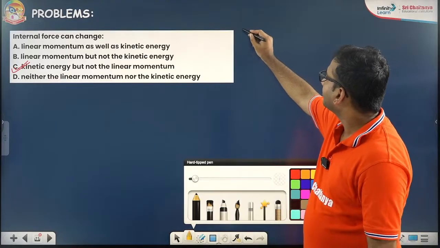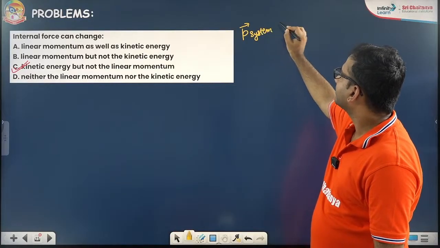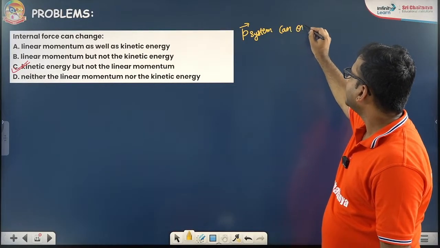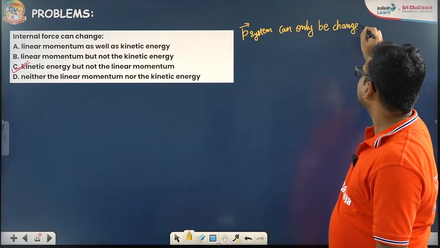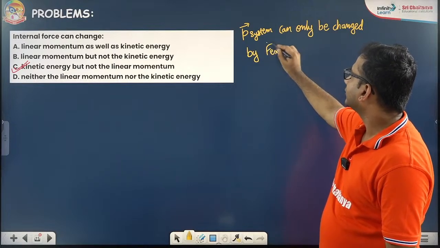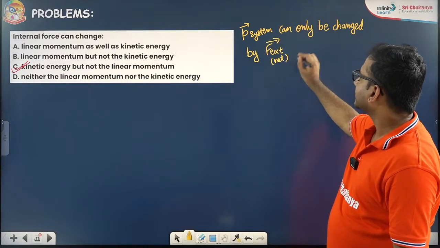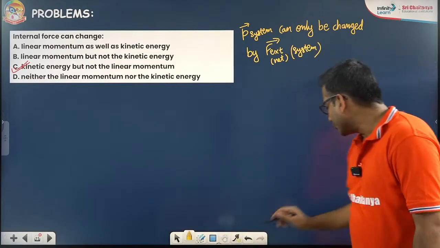Linear momentum of a system can only be changed by the net external force acting on the system. Who said that? Newton said that.